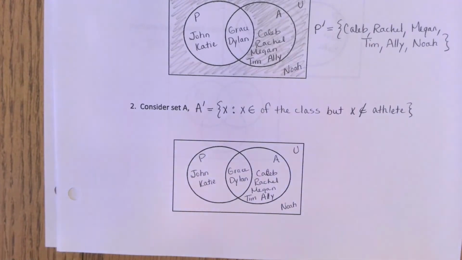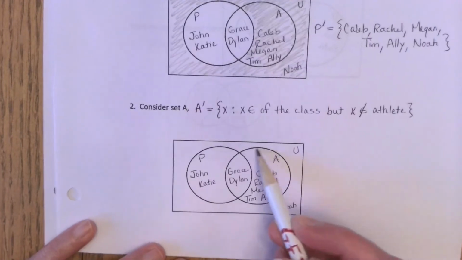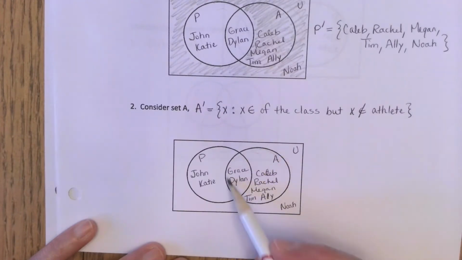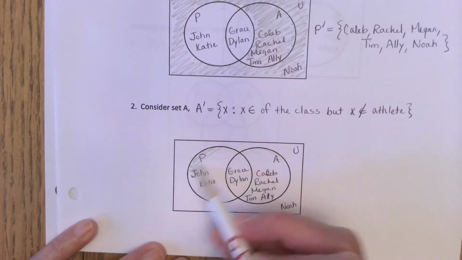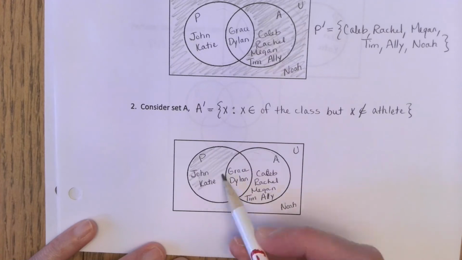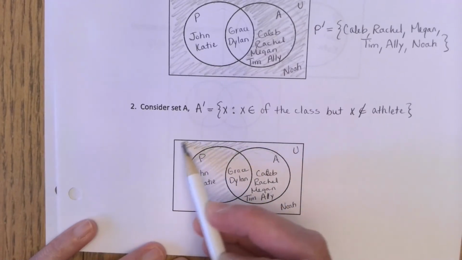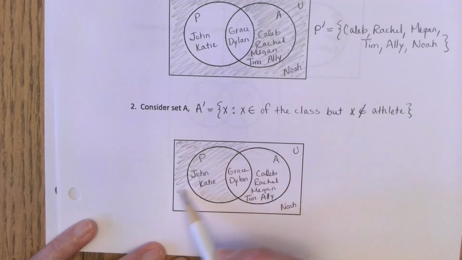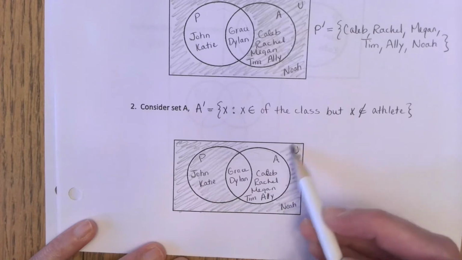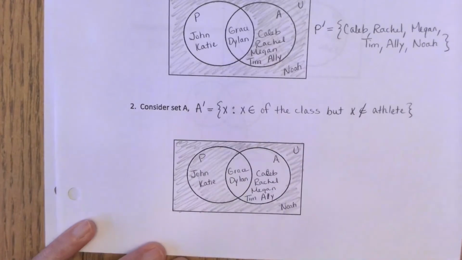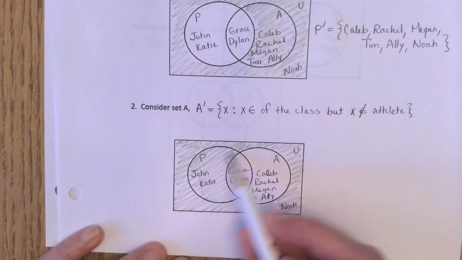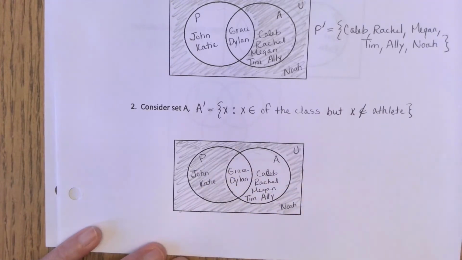So again, what this indicates is, here's my athletes. I want everybody that's not an athlete, which is going to be out here. But remember, the ones that include that universal set, because that's what not A means. The complement of A indicates everybody that is included in the entire universal set, just not those athletes. So here again, this is what this picture will look like.